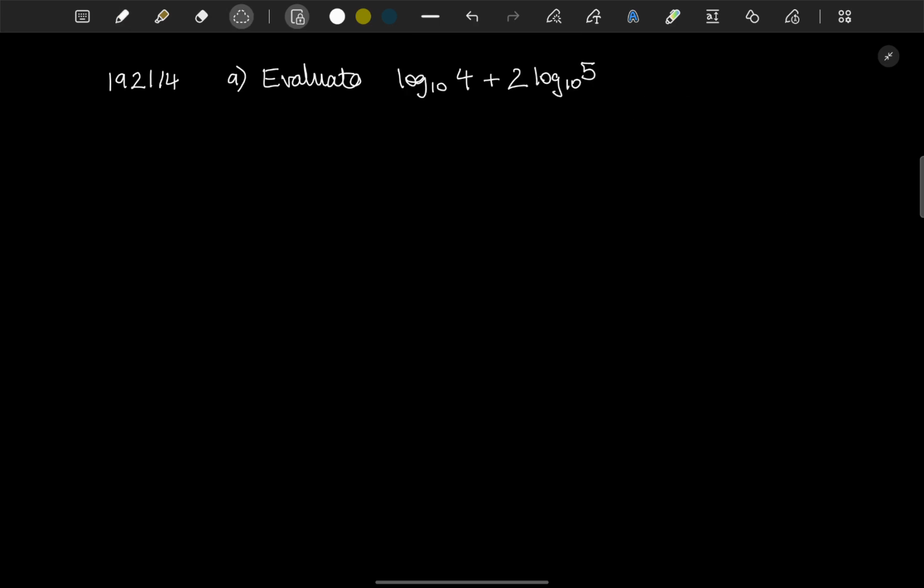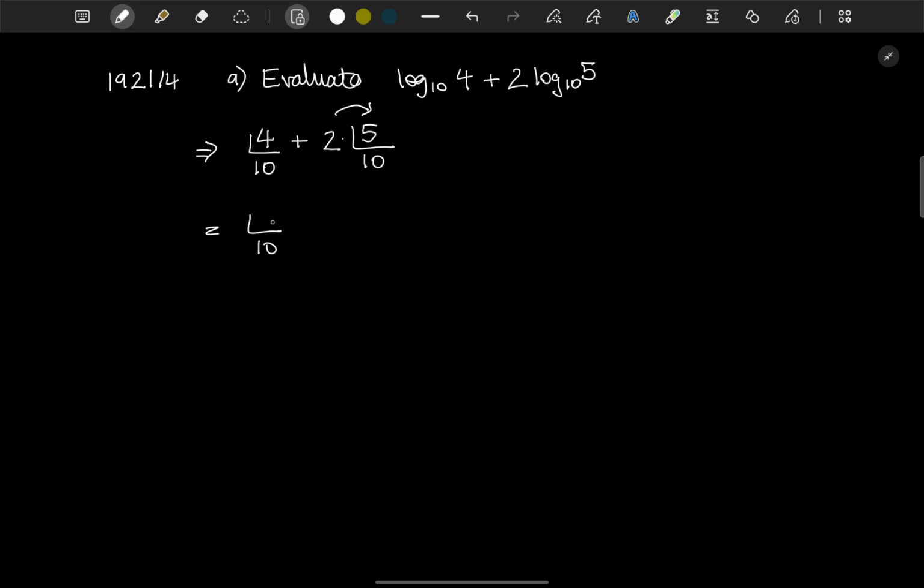Okay, so coming back to our example, let's first of all translate this into Numatican. So that becomes log 10 of 4 plus 2 times log 10 of 5. So we could probably do all this in our head once we get a little bit more proficient, but first of all, let's do it piece by piece.